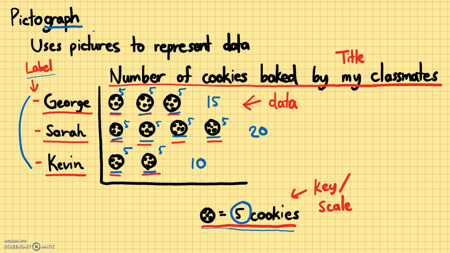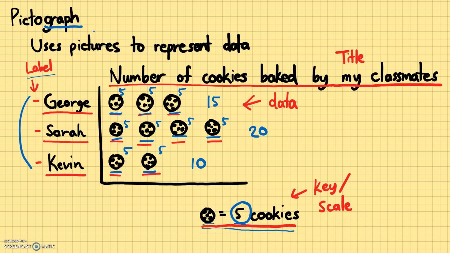So this actually doesn't mean that George baked 3 cookies. It's using one picture to represent 5 cookies because if George baked 15 cookies, it's really tedious to draw 15 of these cookies. So instead of drawing 15 of these, we just set 1 equal to 5 and just draw 3.